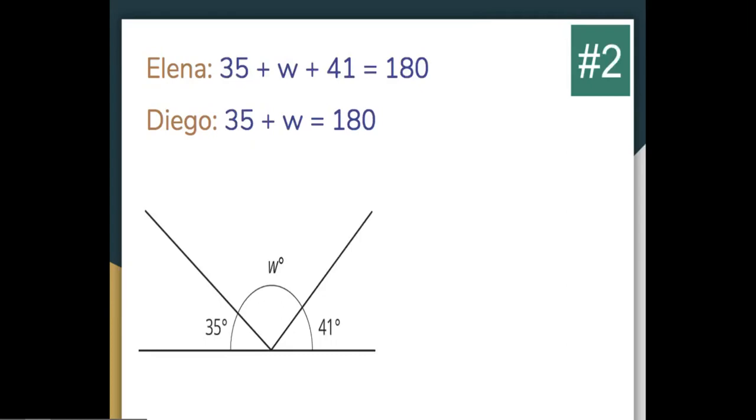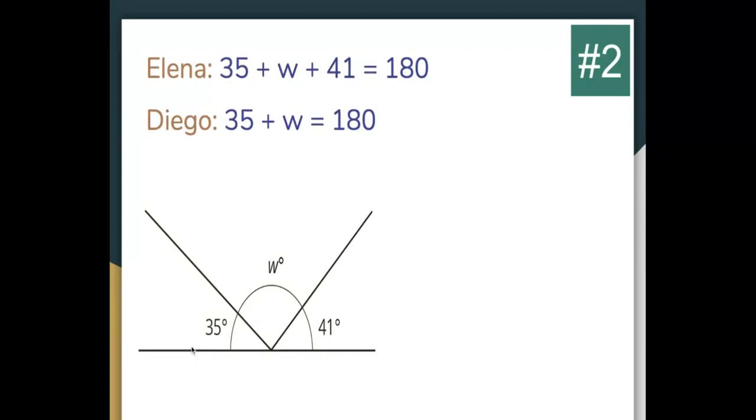Looking at our next situation, Elena thinks that 35 plus W plus 41 is 180, while Diego thinks it's 35 plus W is 180. Looking at the situation, we see that there is our straight angle, which we know is 180 degrees.